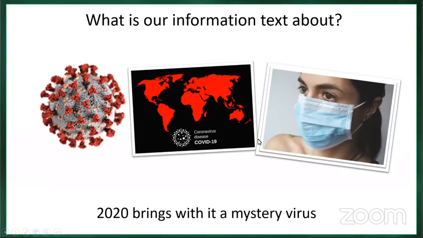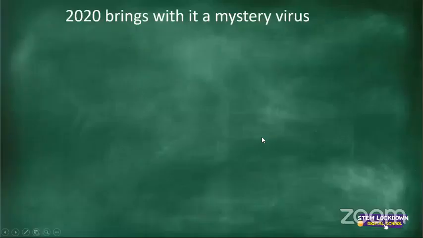Okay, very good. That's a very good prediction. Thank you. So now we're going to see if you are correct. Okay, so I want you to read this aloud with me so that you can practice your reading, okay? So what is a coronavirus?